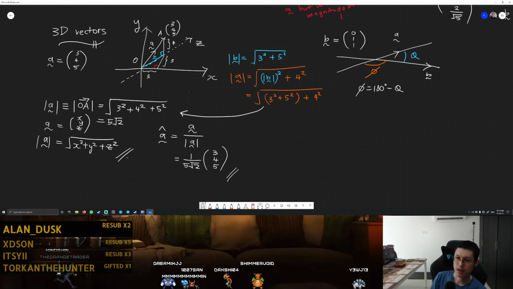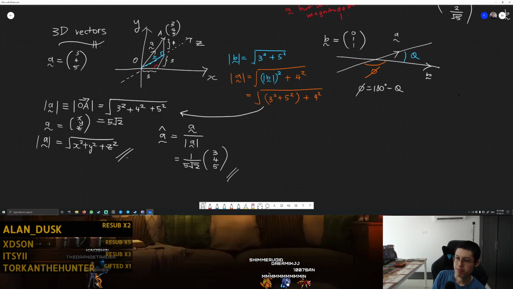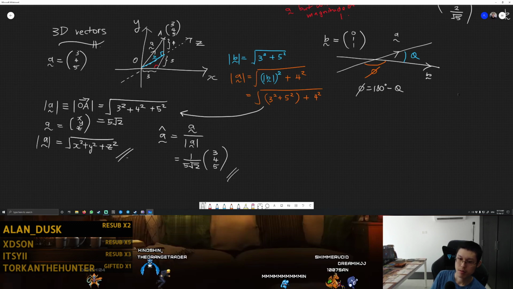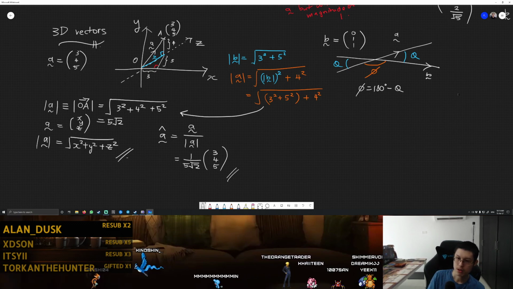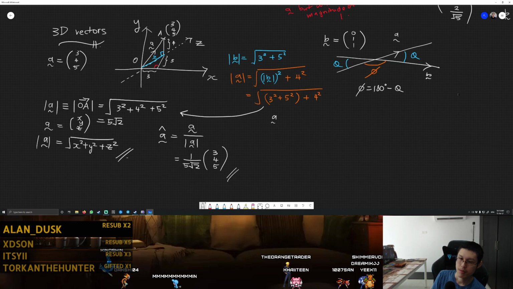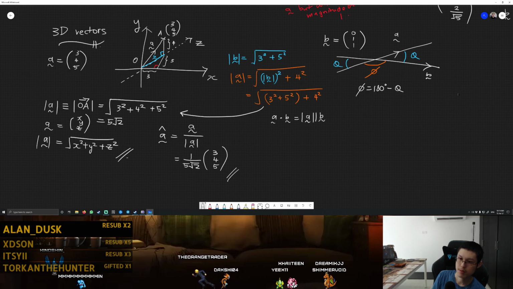If you want to find the other angle, you have to use this relation. It's something very important to take note of. By the way, I should point out that this angle is the same as this angle because of the geometry of it. So if I want to find A dot B, I'll just use the same dot product formula.